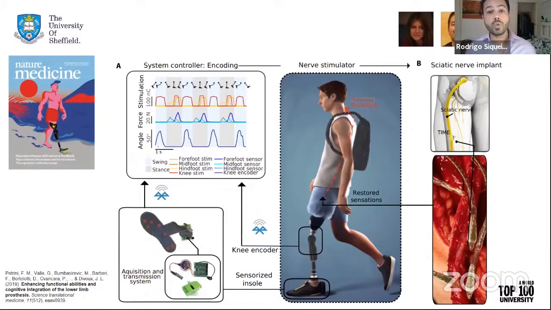Using the things that we are optimizing in the model, we aim to give a good account of what the sensation would be for each one of those tactile afferents in the foot sole, and restore the sensation in those subjects.